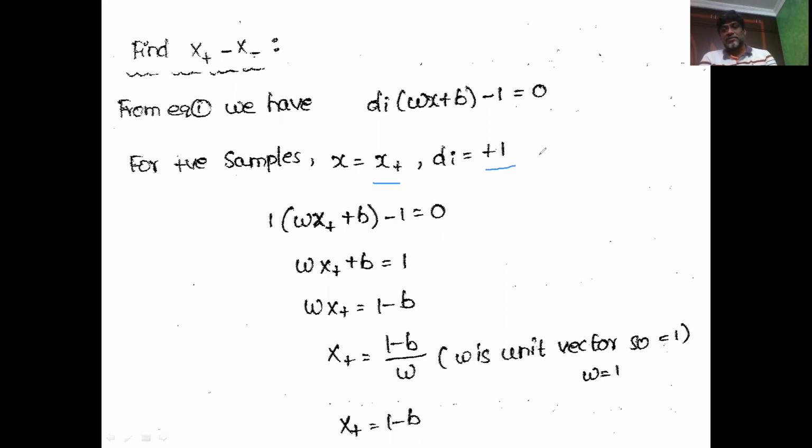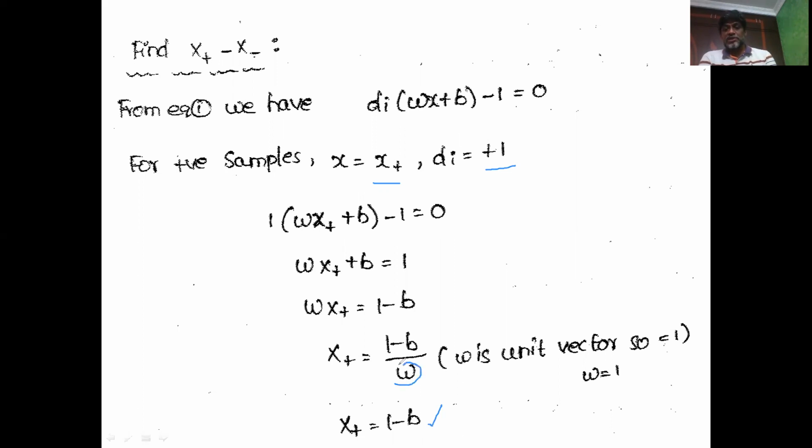Substituting these two values into this equation, we get 1 into (wx + b) - 1 = 0. Once we solve this equation, we get x plus = 1 minus b. Okay, so why?